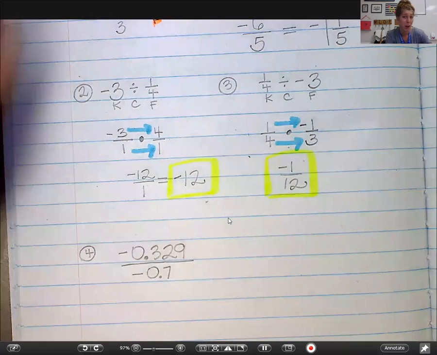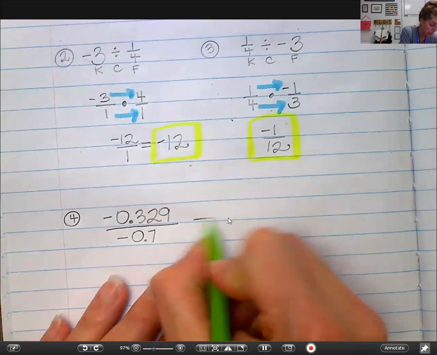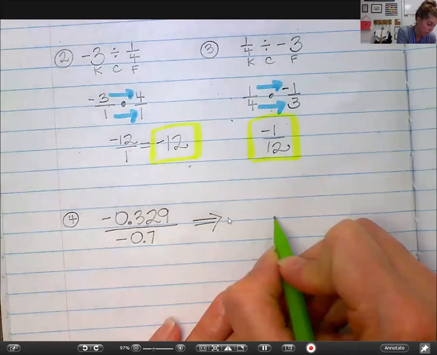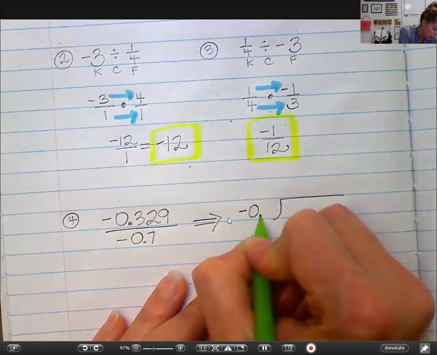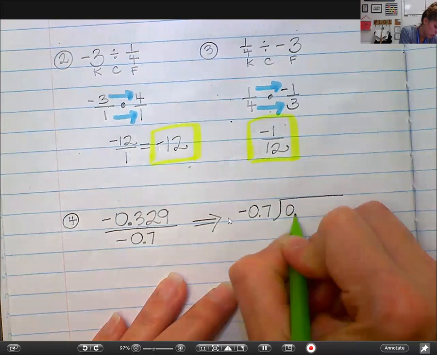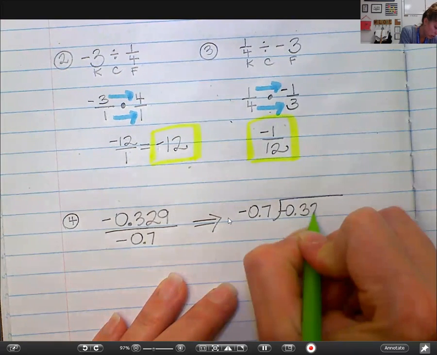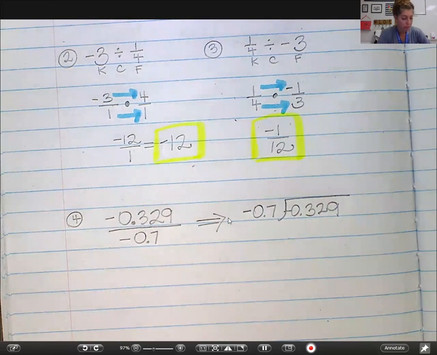I'm writing it that fancy way, the mature way. How that translates to a division problem is we would put that -0.7 on the outside, and we have 0.329 on the inside of the house.